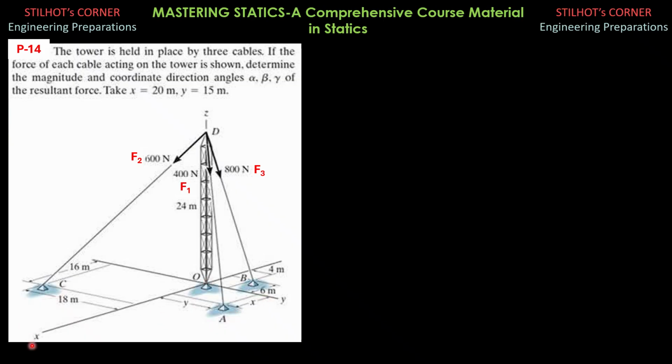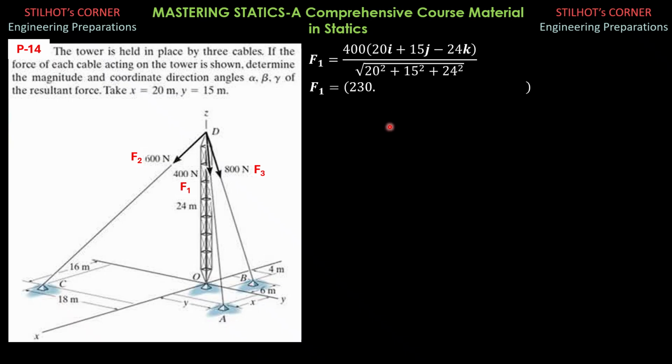So since this is the x-axis, y-axis, and the z-axis is the vertical, in vector form, F1 is 400 times 20i plus 15j minus 24k divided by the magnitude, square root of 20 squared plus 15 squared plus 24 squared. So simplifying, F1 is equal to 230.84i plus 173.13j minus 277.01k newtons.